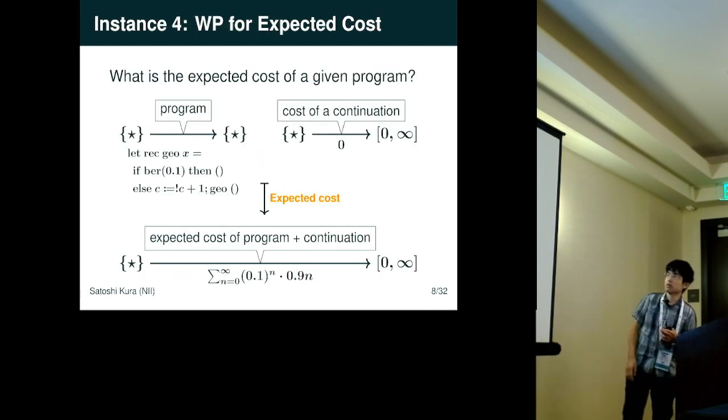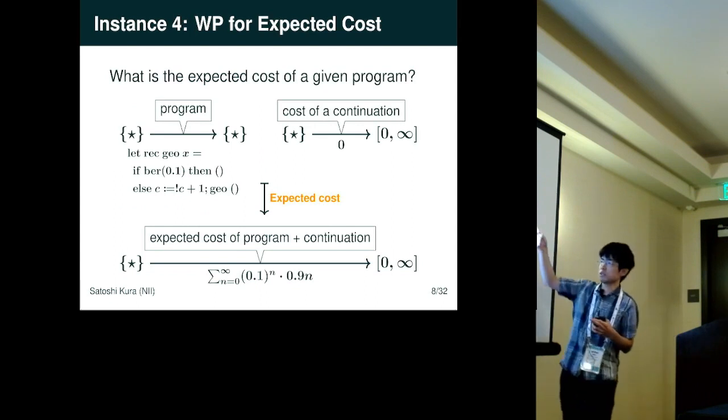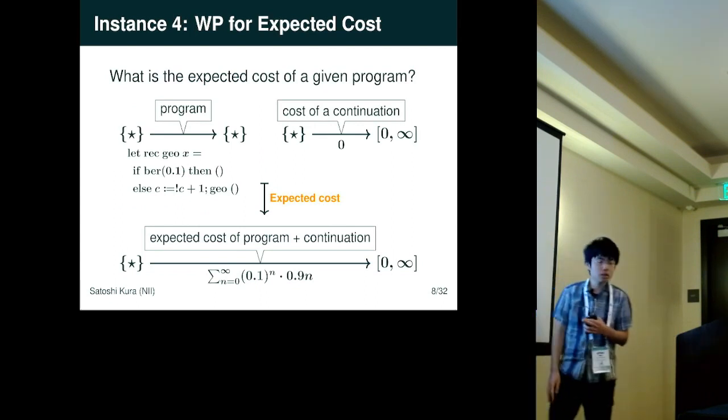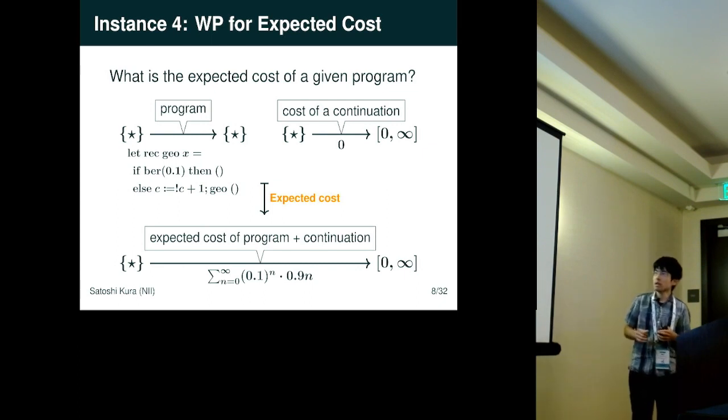Now let's consider a probabilistic program like this. This program keeps tossing a biased coin until a head comes up for the first time. And the problem here is, what is the expected number of tosses?